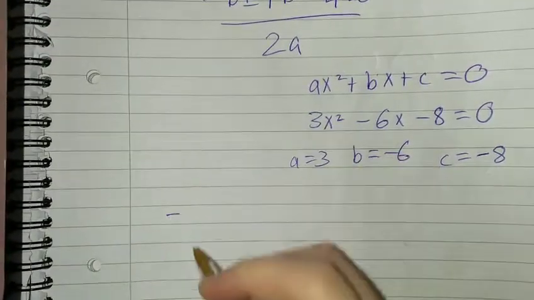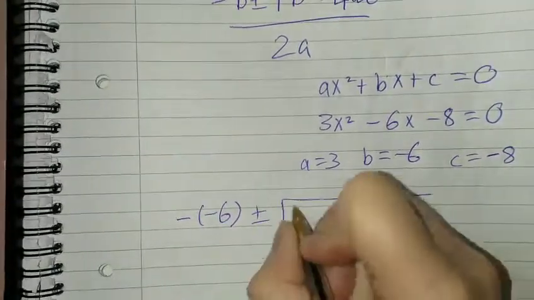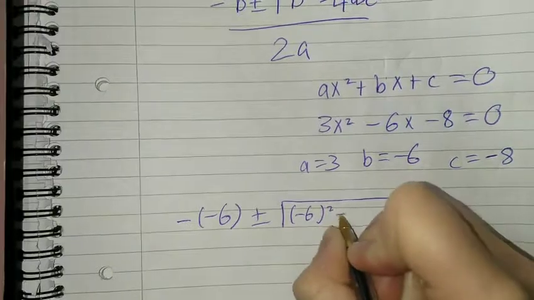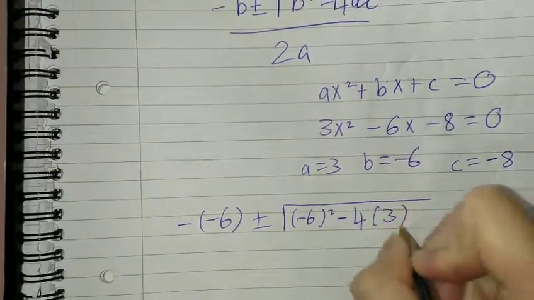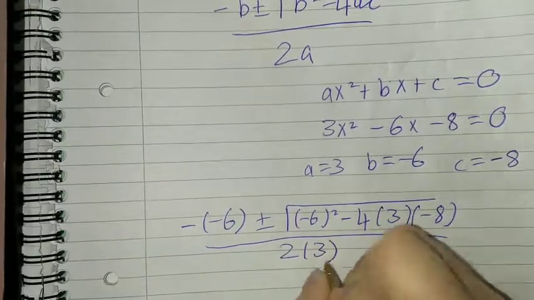So now I just have to plug this in. Minus b, so that'll be minus 6, plus or minus the square root of b squared, which will be minus 6 squared, minus 4a, which is 3, c, which is minus 8, all over 2a, which is 3.